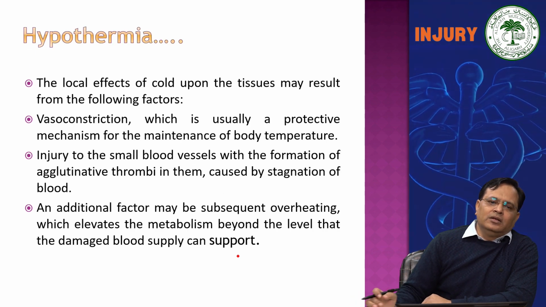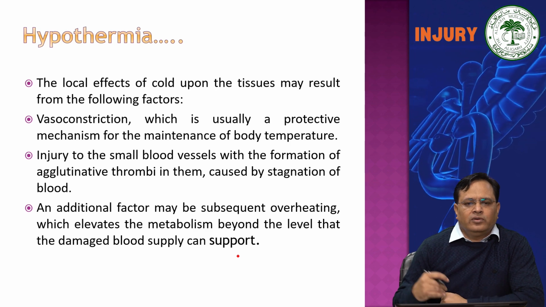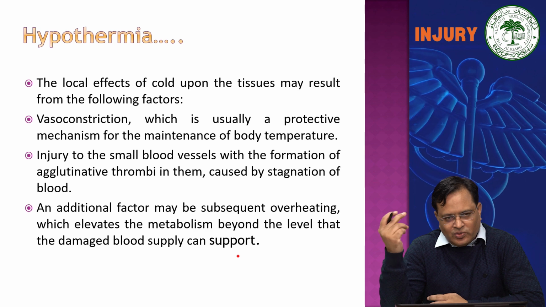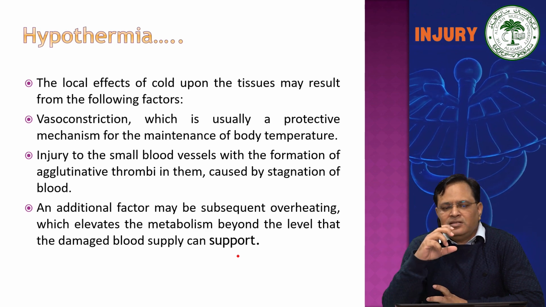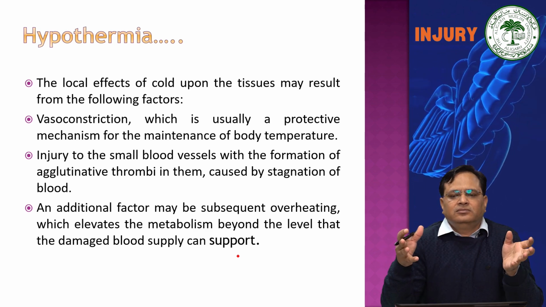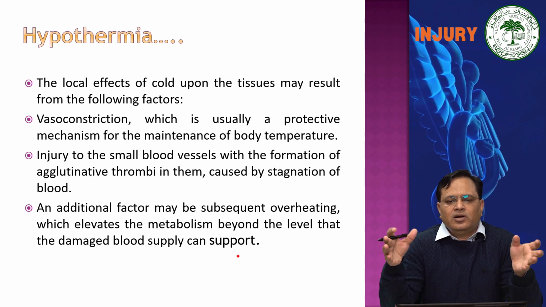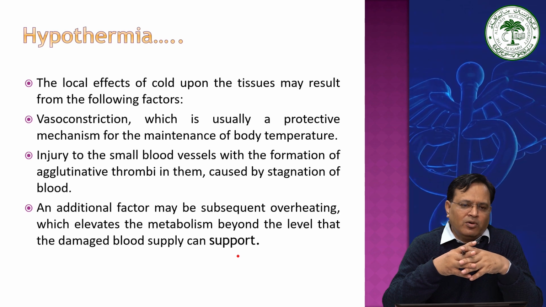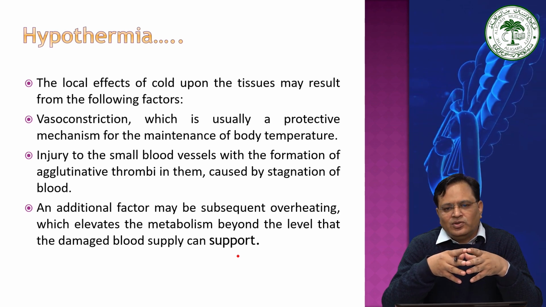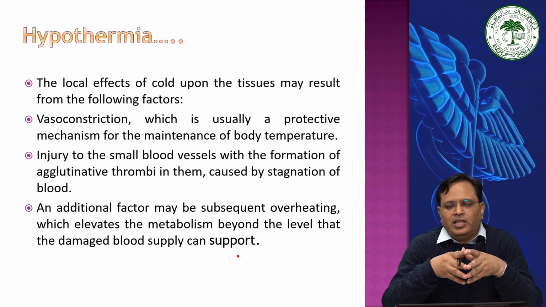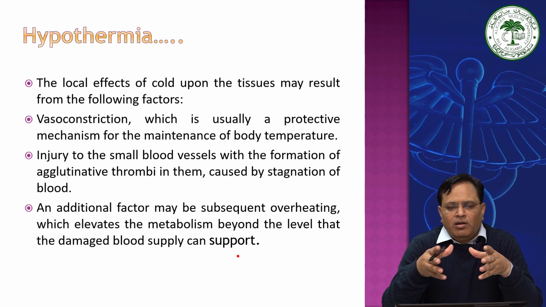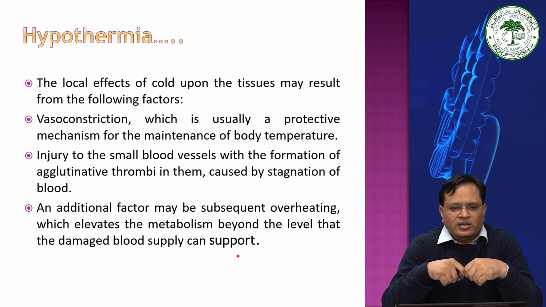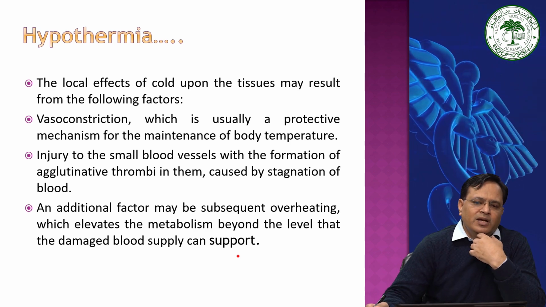Local effects of hypothermia upon the tissue may result from various factors like vasoconstriction, which is usually a protective mechanism to maintain the body temperature, and injury to the small blood vessels with the formation of agglutinative thrombi in them, caused by stagnation of blood.